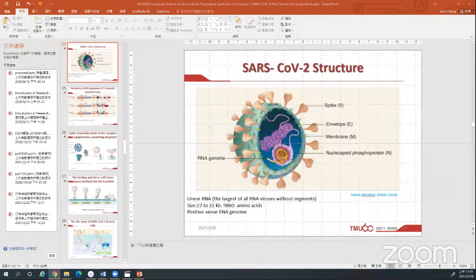Which which slide? Which slide? Which which slide? Which which slide?